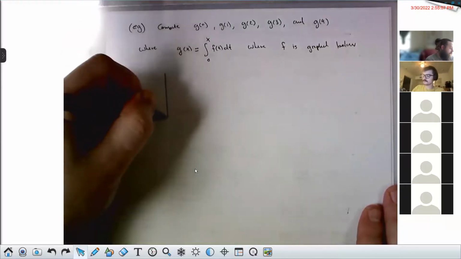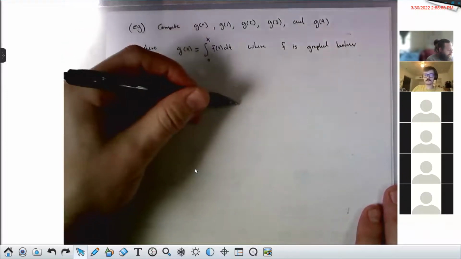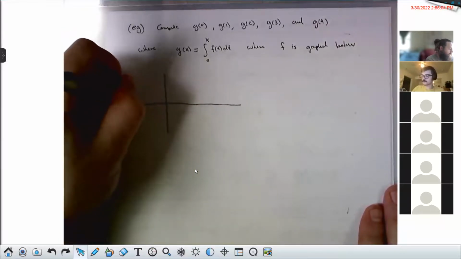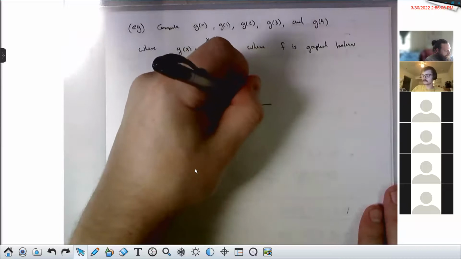This function g, it's not immediately obvious that it works like an antiderivative for little f, but it does.